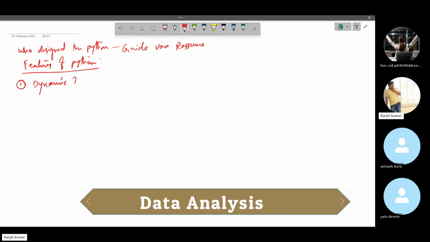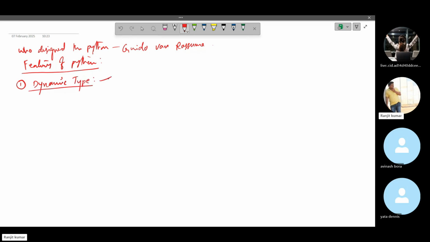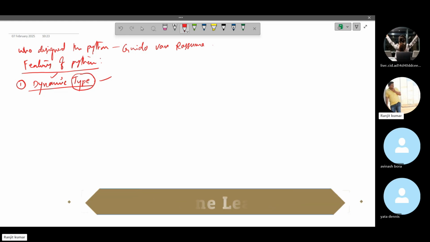You have to mention the type. It's very important. If you don't mention the type, dynamic is also related to other programming languages. The thing is the dynamic type.